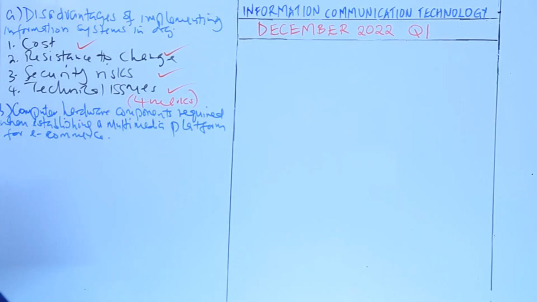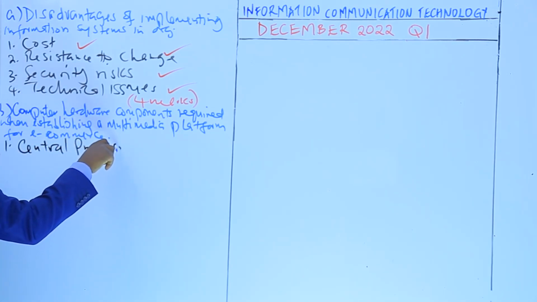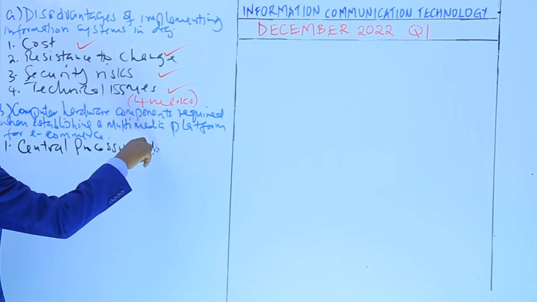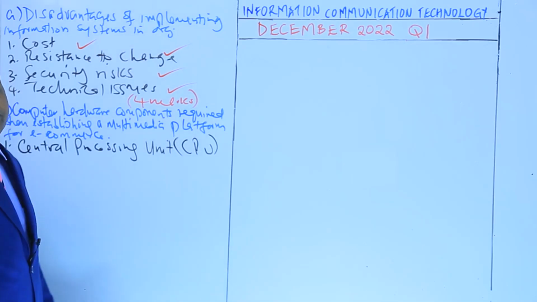Computer hardware components required when establishing a multimedia platform for e-commerce. The first hardware component is the central processing unit, the CPU.